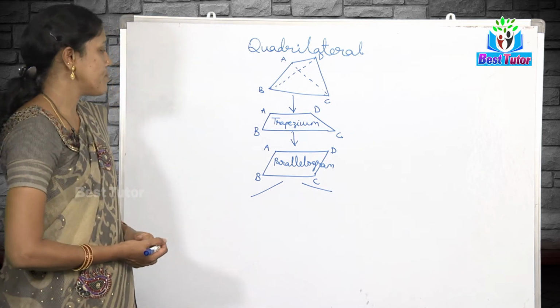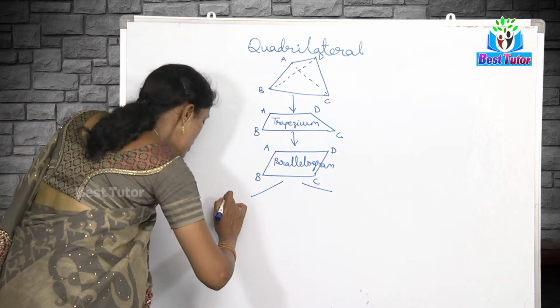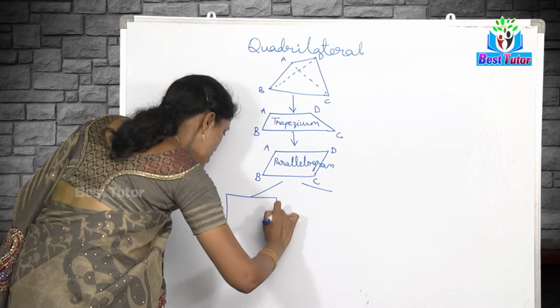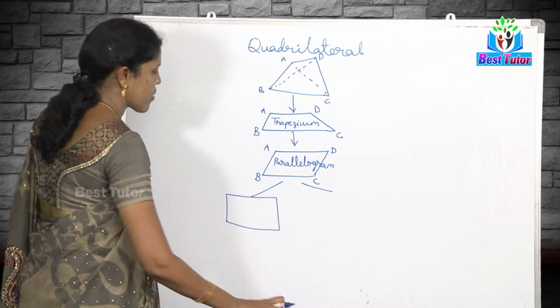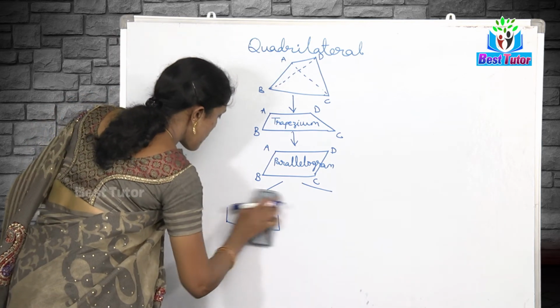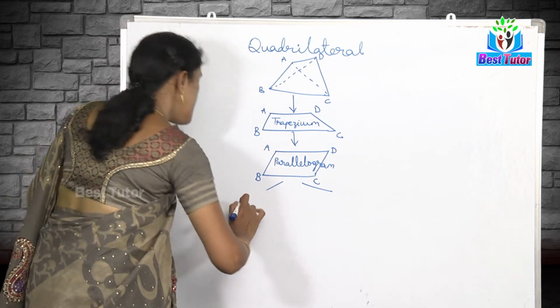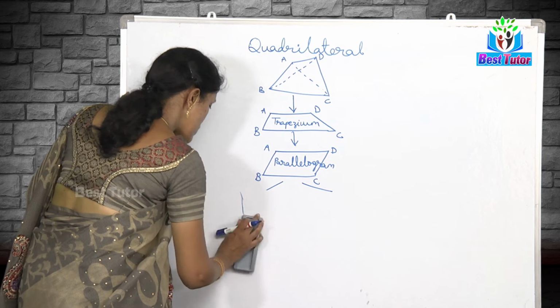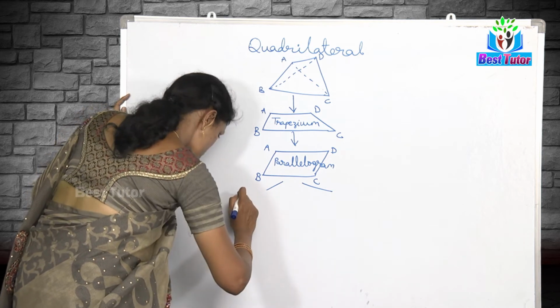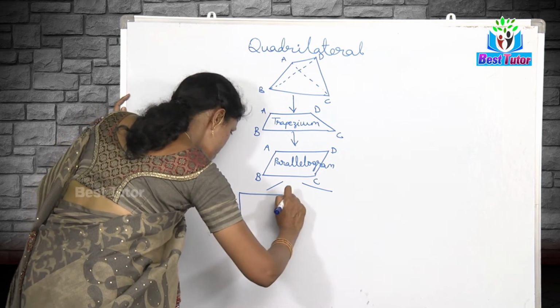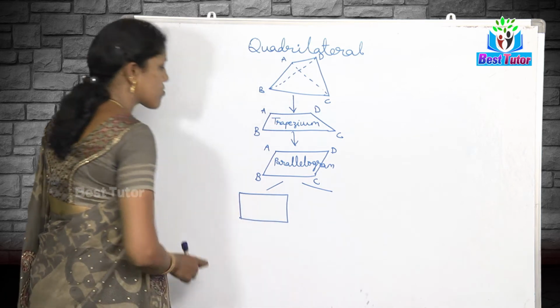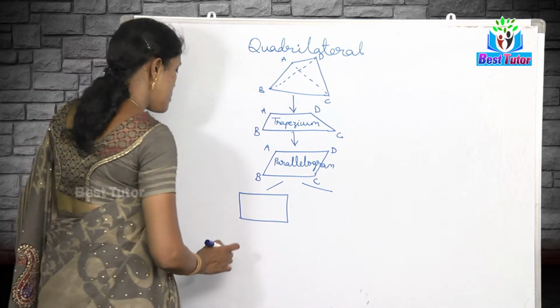This parallelogram becomes a rectangle if all angles are equal. A parallelogram has four angles. If all angles are equal and each angle is equal to 90 degrees, then it is called a rectangle.